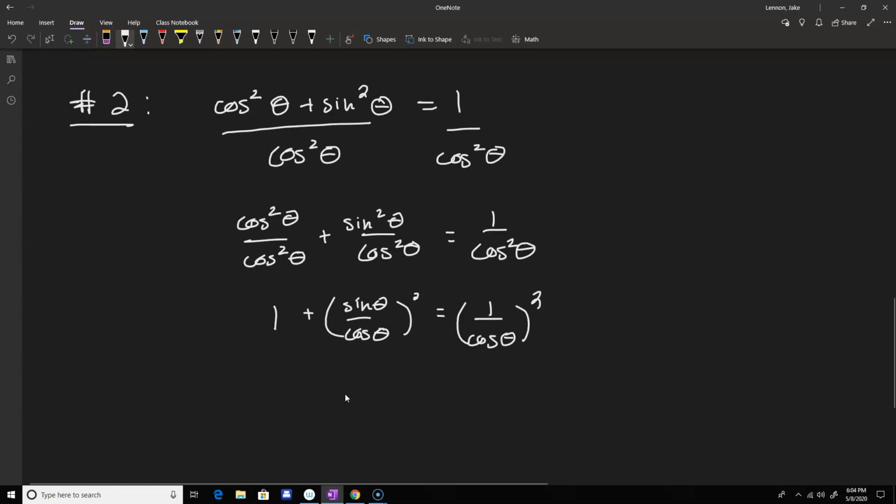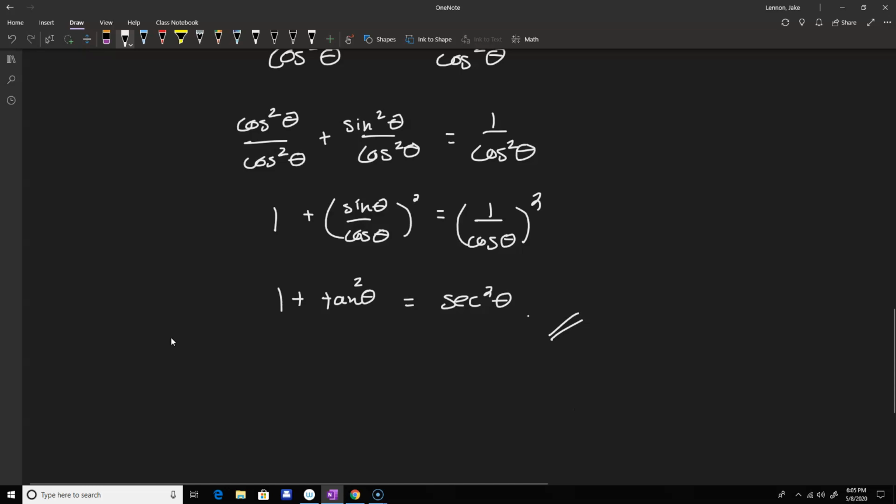Well, now what we can do is replace those with the usual trig definitions that we've just seen above. Sine of theta over cosine of theta is the tangent of theta. So this is actually tangent squared of theta, and the right hand side, 1 over cosine, is the secant, so this is just secant squared theta. And that completes the proof of number 2.